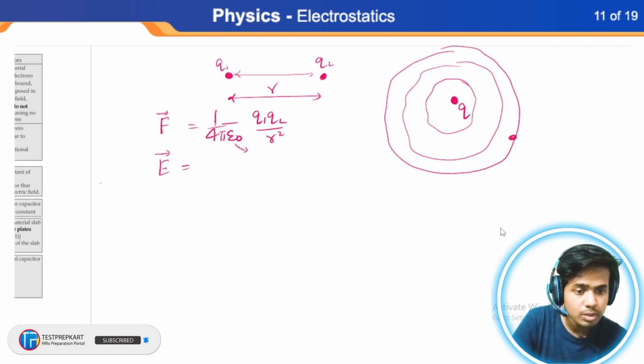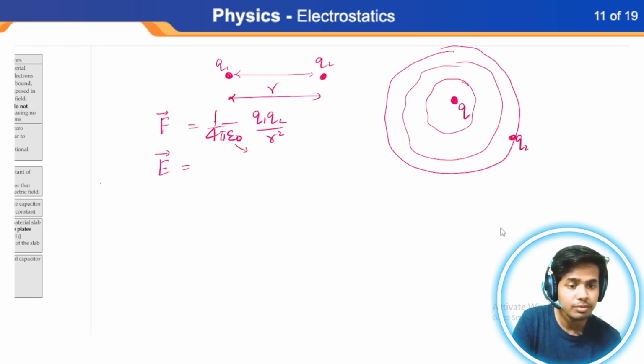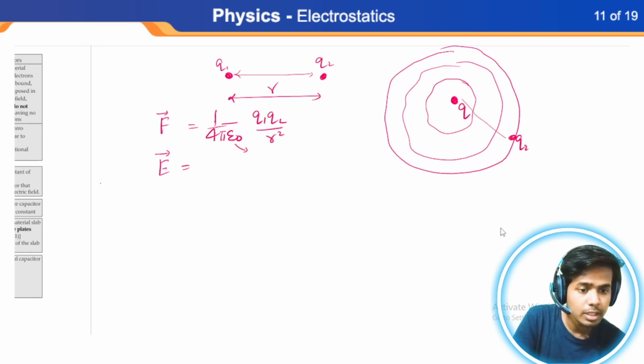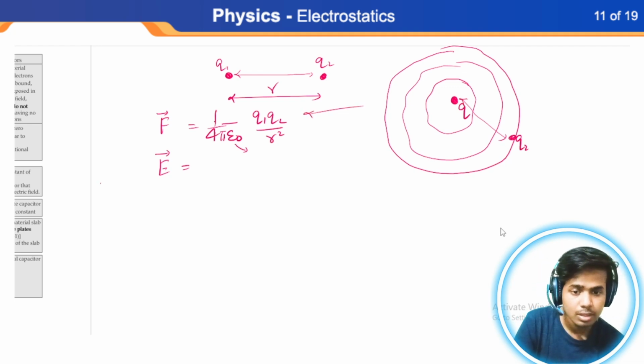Another charge Q2, if it enters the web field of the charge Q1, then it will interact with Q1 itself, and the force it will experience will actually be equal to this one.